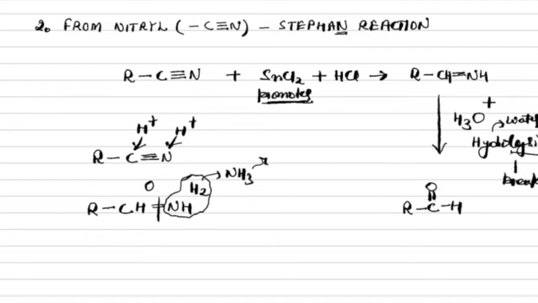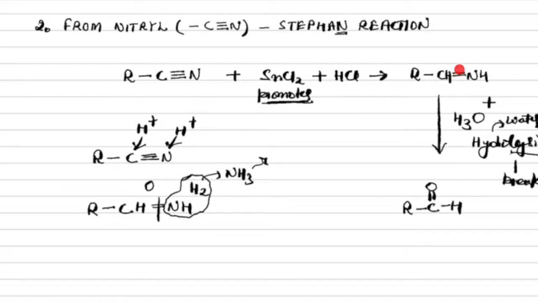So let us revise what we have done. So we had a nitrile group. Here is the alkyl group. C triple bond N is called nitrile. We added the HCl and tin chloride. This is a promoter. This is the main reagent, HCl. H positive attacked. One bond gone. CHNH it became.